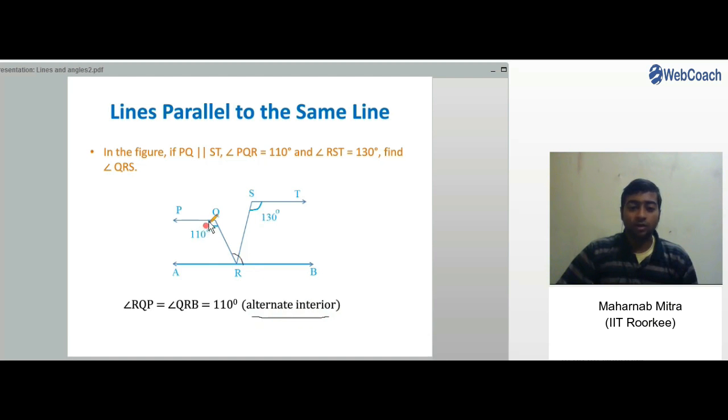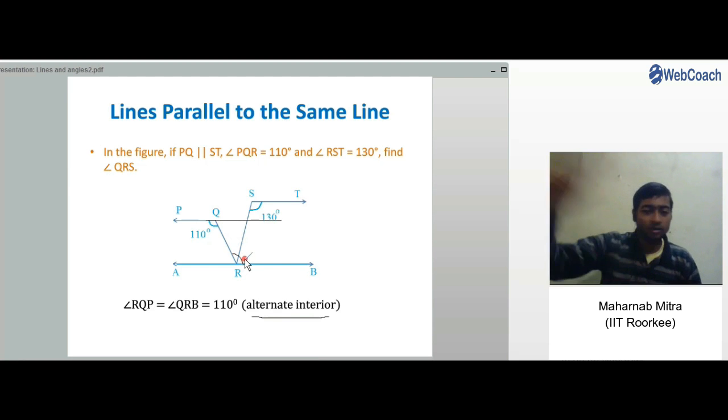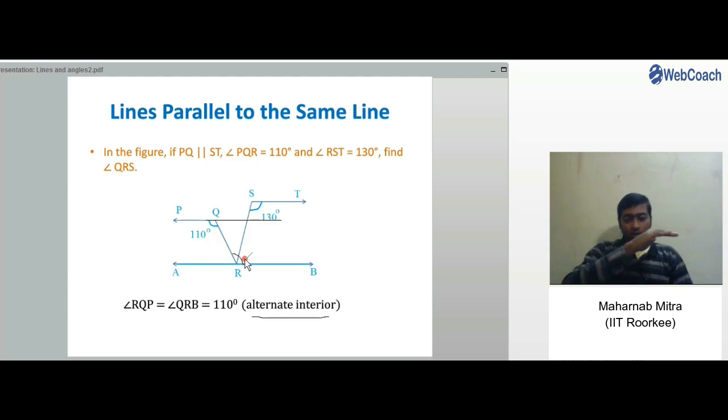You can see, if we consider PQ parallel to ARB, if these were the parallel lines, angle PQR must have been equal to angle QRB. Forget about the line RST. So angle Q should have been equal to angle R, right?